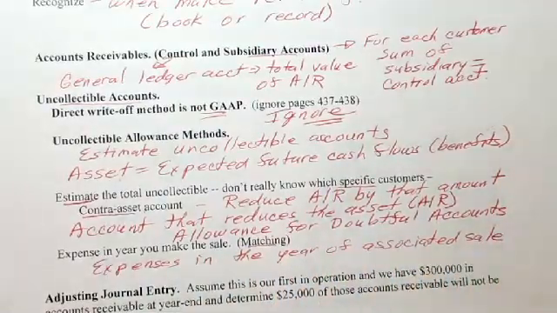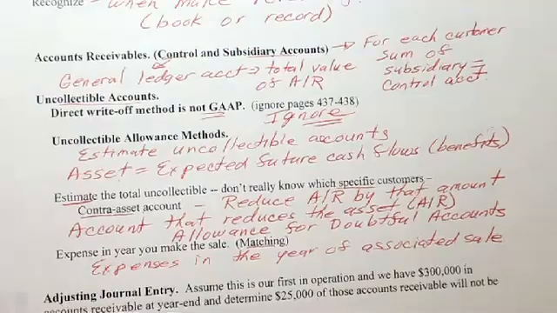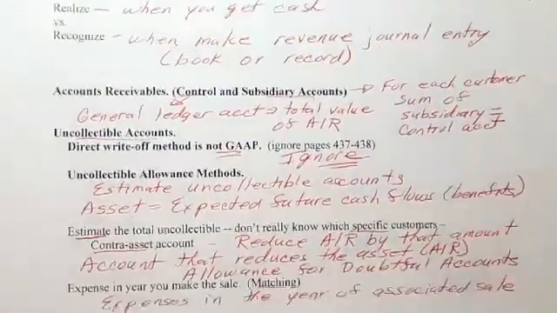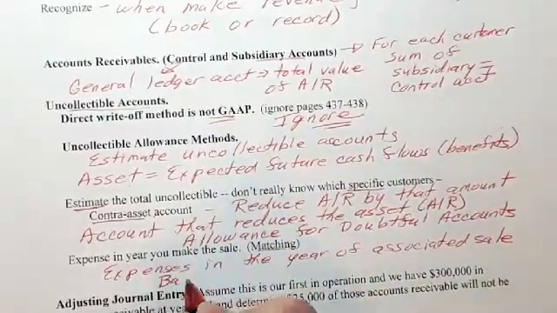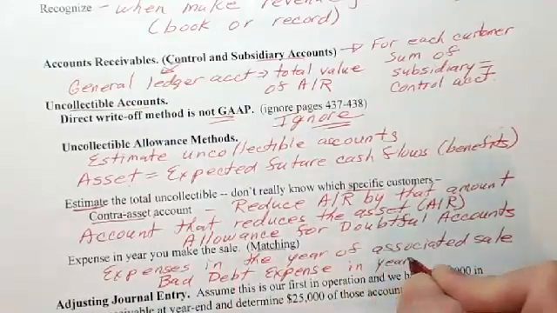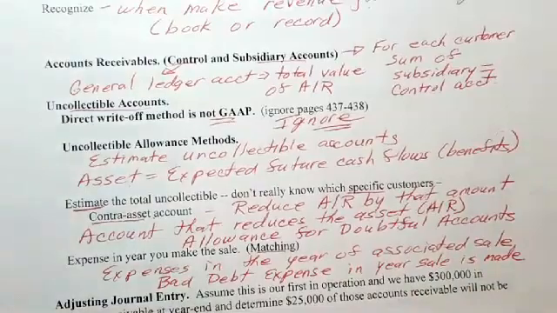So we want to make sure that we expense what we don't think we're going to collect in the year that we provided the service or delivered the products. We want those to match. So we're going to have something that we're going to call bad debt expense. We want that in the year the sale is made, and not in the year that the people don't pay us.